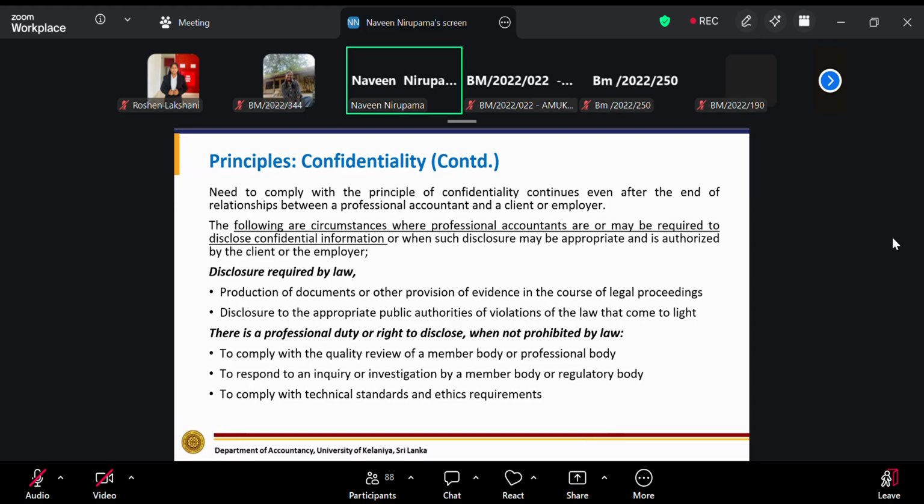Suppose the KPMG firm audited a company, a PLC. The auditors are KPMG. KPMG audits their financial statements, and after a 5 year period the company changes its auditors.